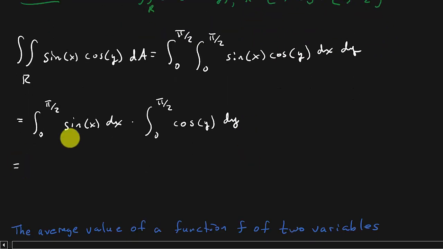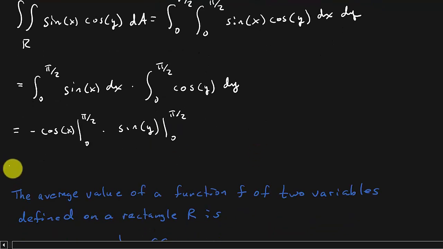All right, so let's see what we get. Well, what's the antiderivative of sine? That would be negative cosine x, from 0 to pi over 2, times the antiderivative of cosine, which is sine, from 0 to pi over 2.